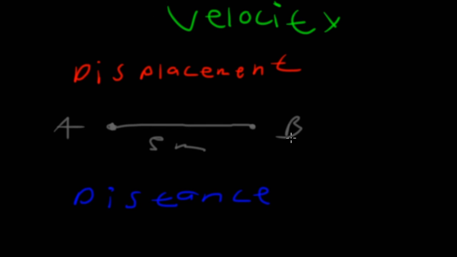However, if it went from B to A, that's another 5 meters traveled. So 5 meters plus 5 meters would be 10 meters traveled, unlike displacement's 0 meters if it went from A to B and then B to A.